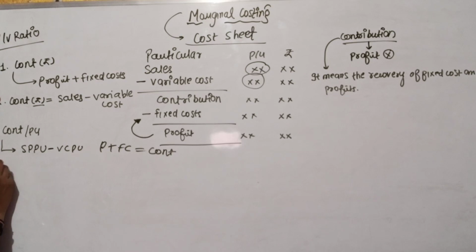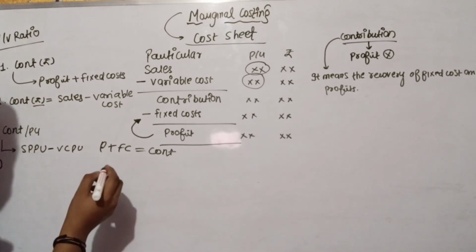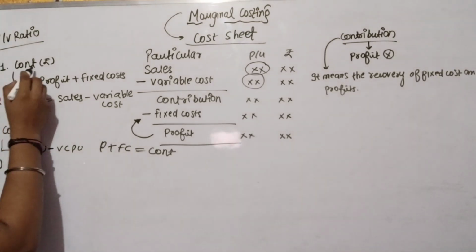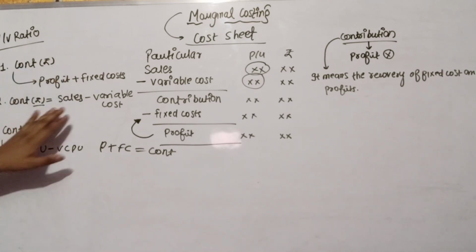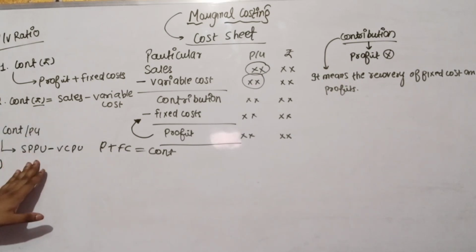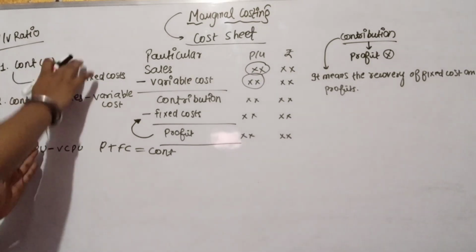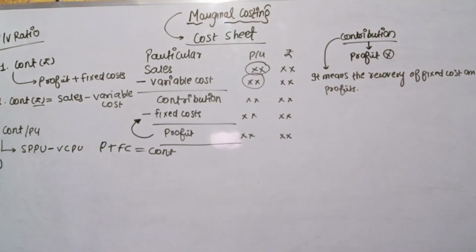So we have covered three formulas: profit plus fixed cost, sales minus variable cost, and selling price per unit minus variable cost per unit will be known as contribution per unit. These are some of the formulas that we can derive from this statement only.